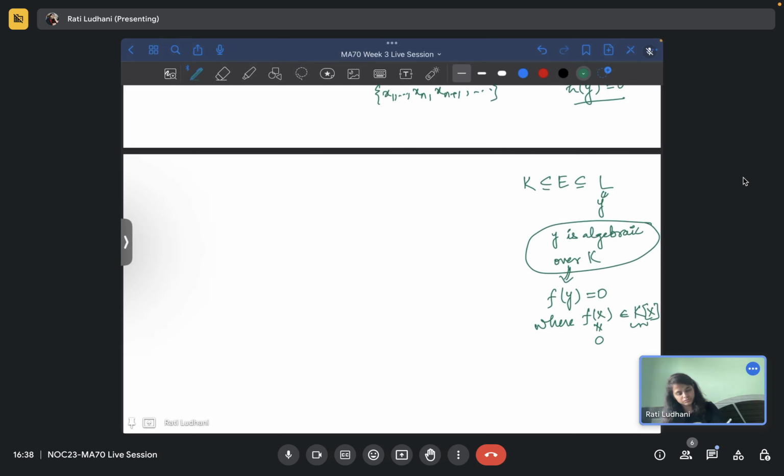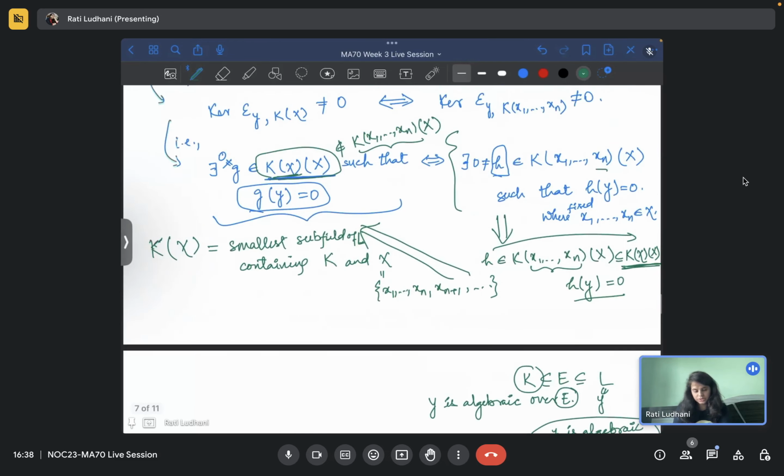So if y belongs to E, then y is algebraic over E also, right? If you extend your field, so if you take the bigger field, then it will always be algebraic. Yeah, that's exactly the statement we are using here.